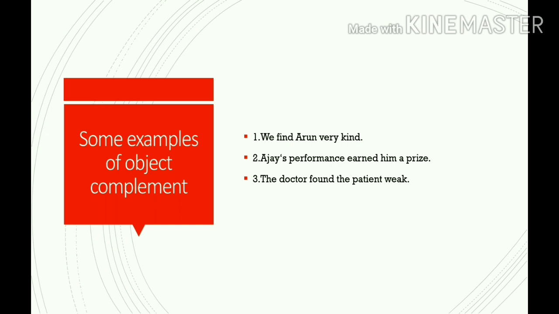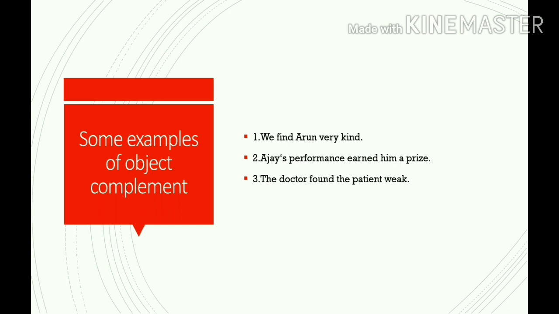And if I write very kind after Arun, we find Arun very kind. So, very kind is the complement for Arun, with which the sentence has become meaningful. So, very kind is the object complement here, and you can also see that this is an adjective here.